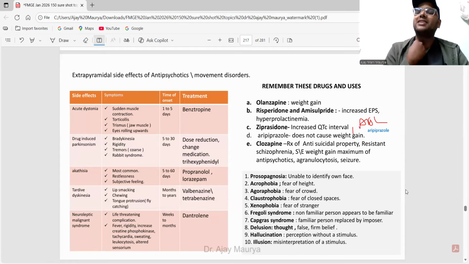All are having the highest chance of weight gain, except aripiprazole and risperidone. Okay?